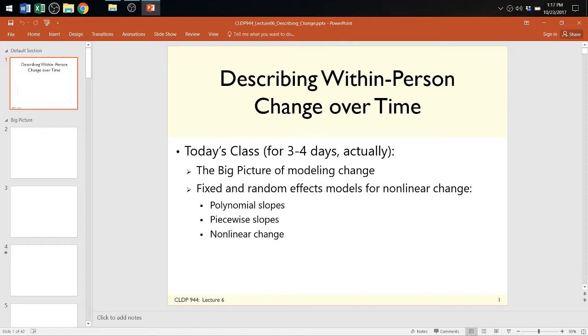How well is that going to fit? Not a trick. If I have 3 means and I put in a fixed intercept, fixed linear, fixed quadratic, 3 things, how well is that going to fit my 3 means? What's 3 minus 3? 0. If I have 0 degrees of freedom, how well is my 3 going to fit my 3?